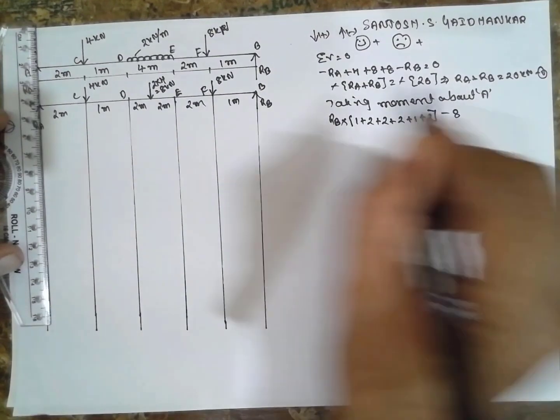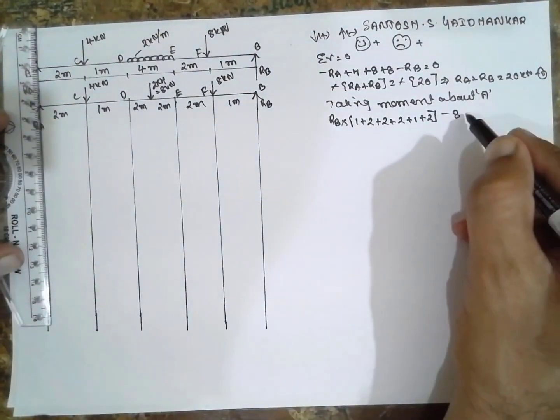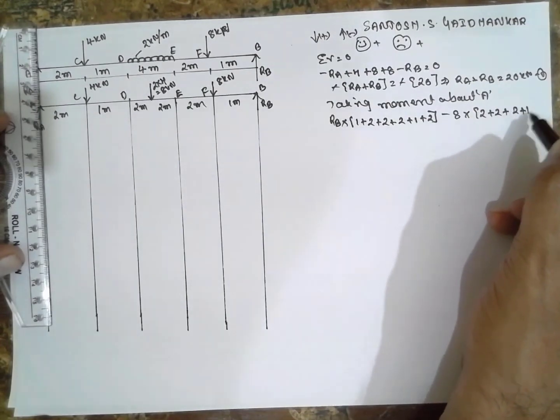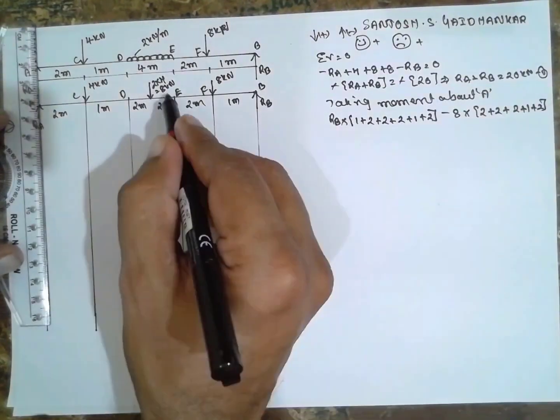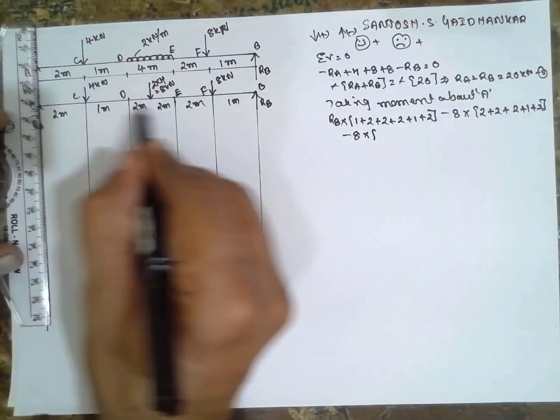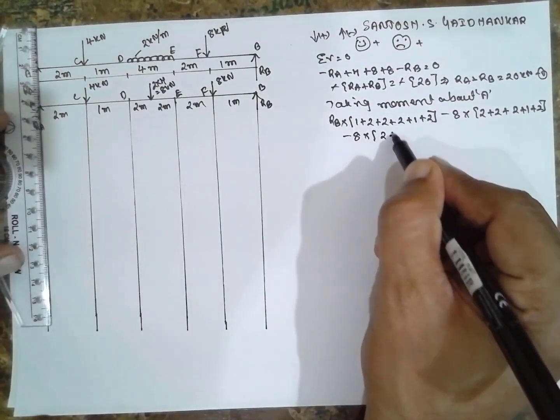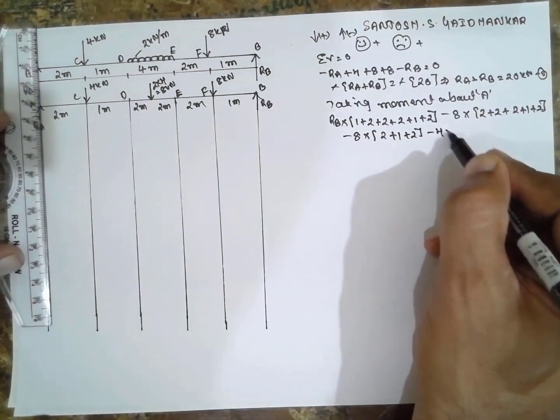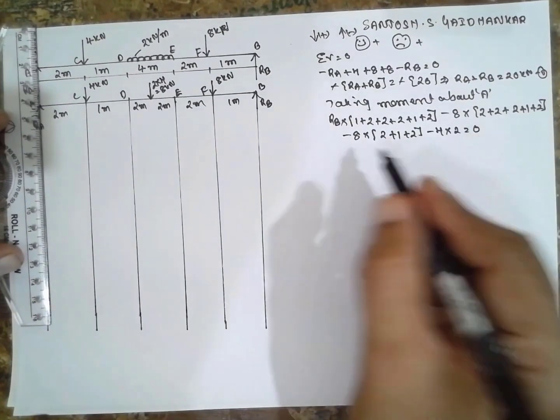Next minus 8 downward, minus 8 into the distance: 8 into 2 plus 2 plus 2 plus 1 plus 2. Next this part, minus 8 into this distance, that is 2 plus 1 plus 2. Next minus 4 into 2 is equal to 0.